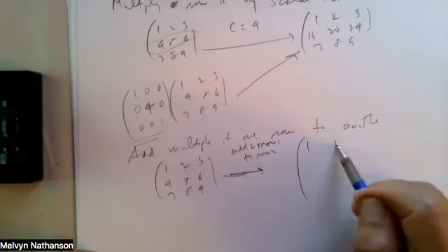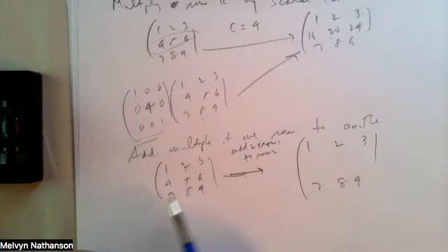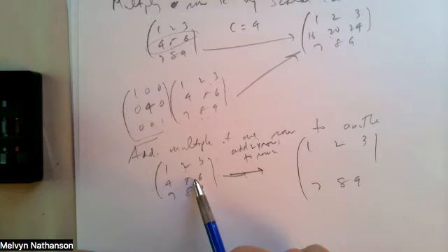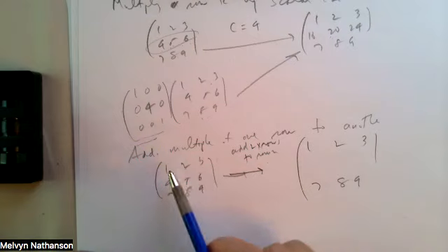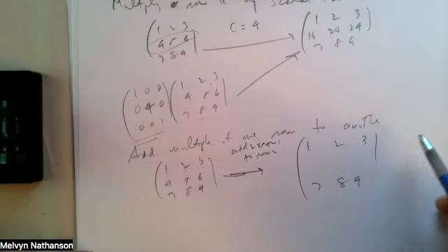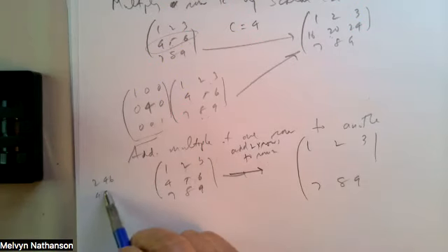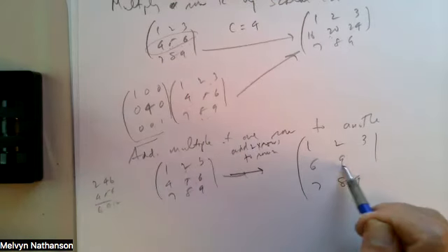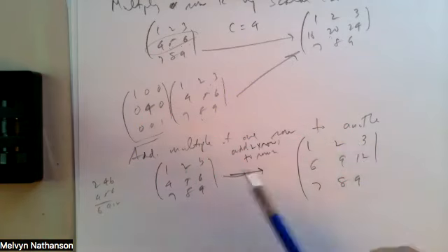I'm not going to change row 1 or row 3, but I'm going to take 2 times the first row and add it to the second. If I multiply 1, 2, 3 by 2, I get 2, 4, 6. If I add that to the row 4, 5, 6, I get 6, 9, 12. So I obtain this matrix from this matrix by adding 2 times the first row to the second row.